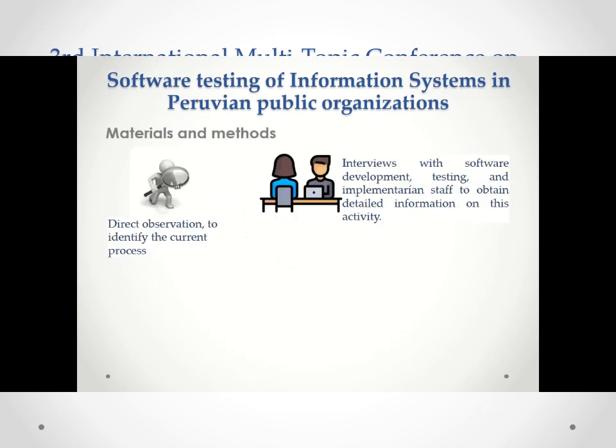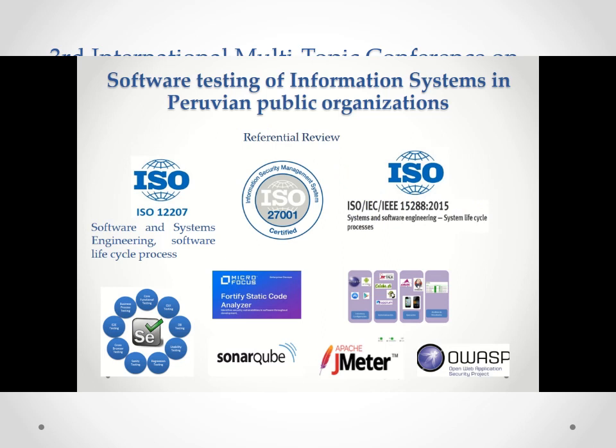So, materials and methods. We use direct observation to identify the current process. We did interviews with software development, testing, and implementation staff to obtain detailed information on this activity.